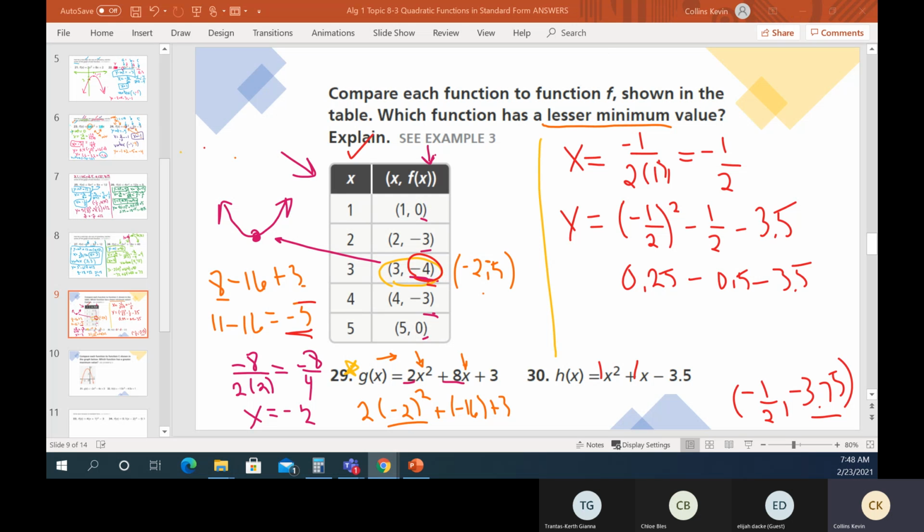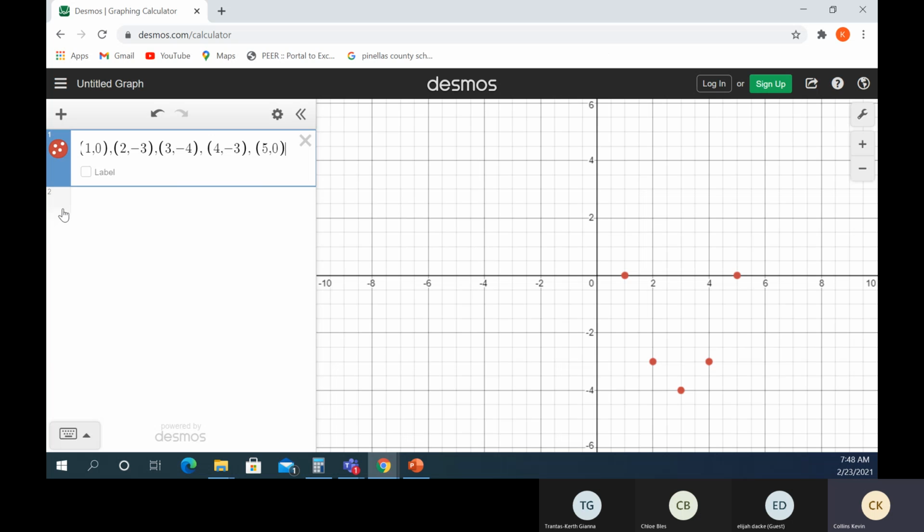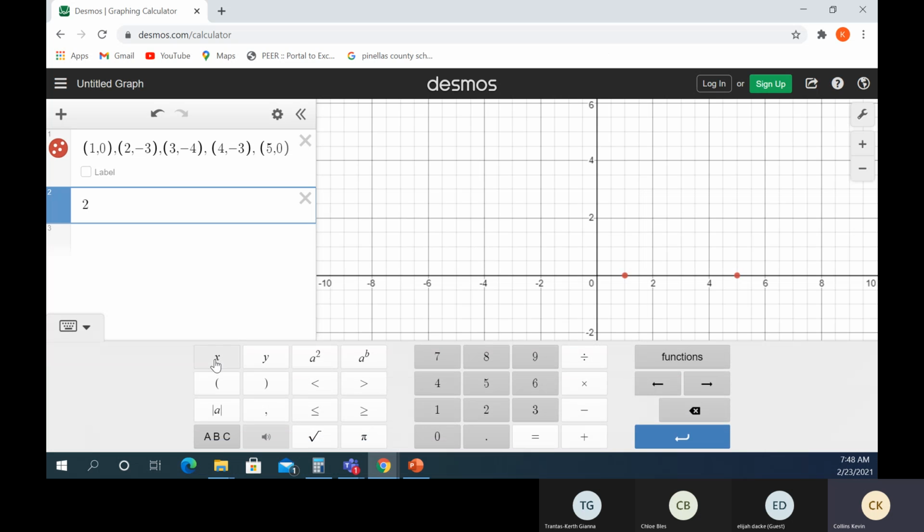All right, so let's bring Desmos back into the picture. So this guy, we're just going to put in the function. So we've got 2x squared, that's x squared, and then plus 8x, and then plus 3.